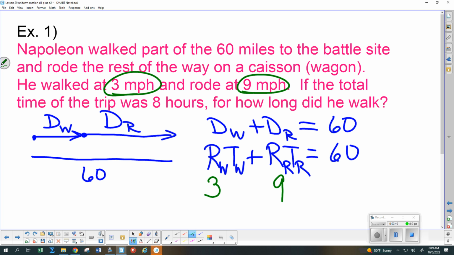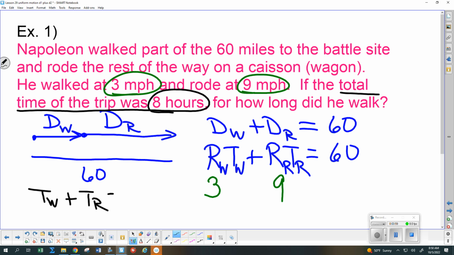Then the other piece of information that they give us is the total time was 8 hours. So that means that TW plus TR is 8. So I need to do some kind of a substitution. I'm going to be a little bit smart here. How long did he walk?